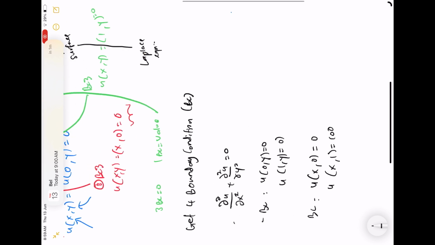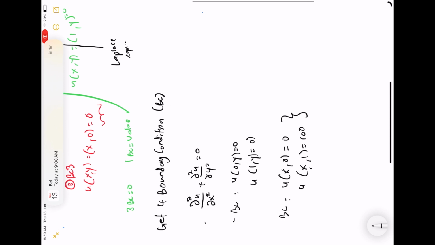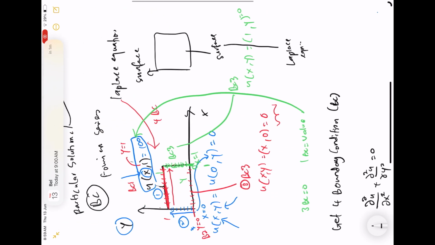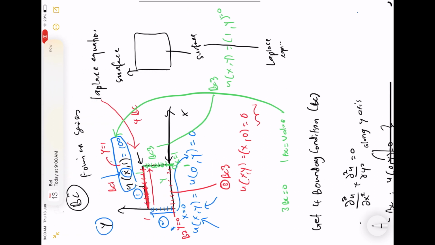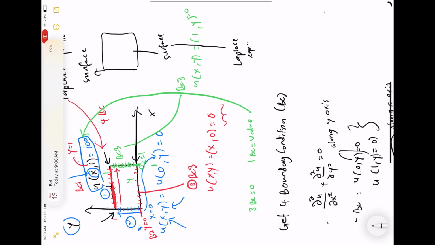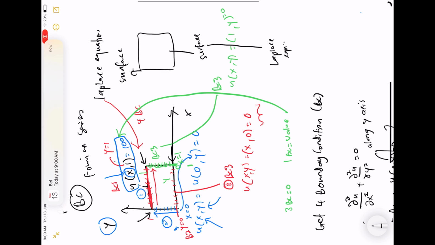So these two, x is along the x-axis. You see we have x and x, so it is along the x-axis. So where is it? So this one and this one, and then for these two it is along the y-axis. So along the y-axis at point 0, so it's here, and then here is along the y-axis but at point 1, so it's here.